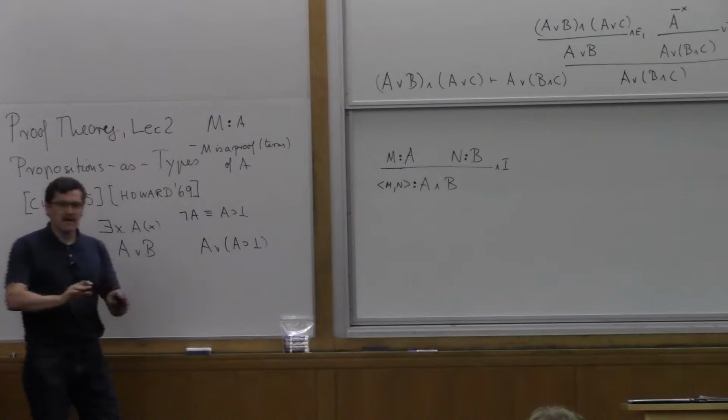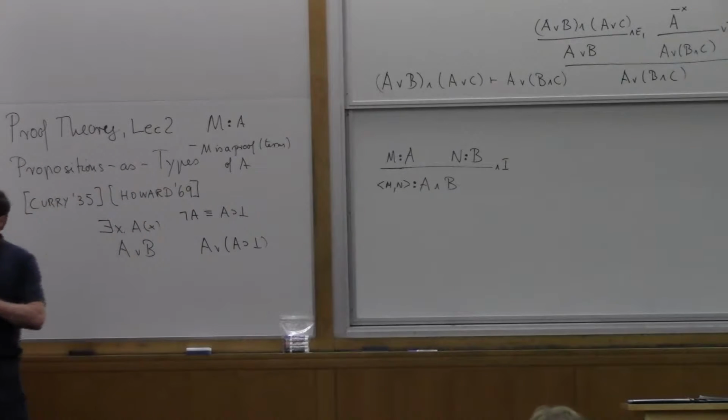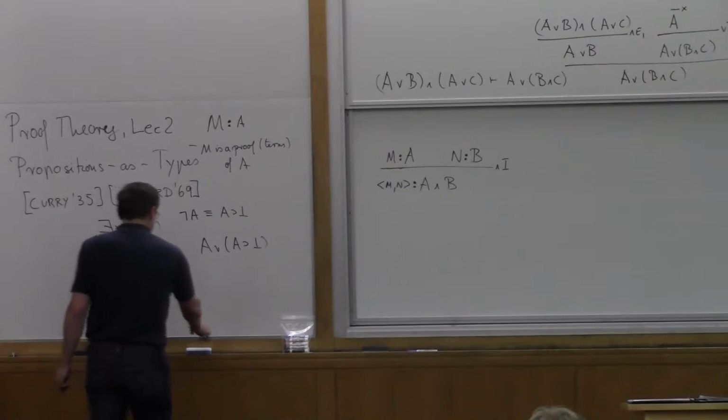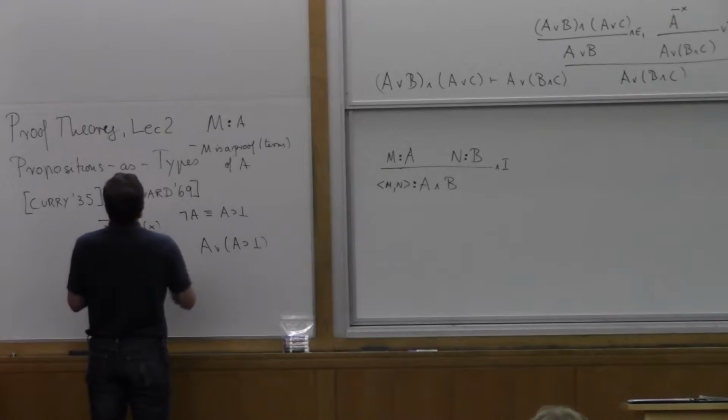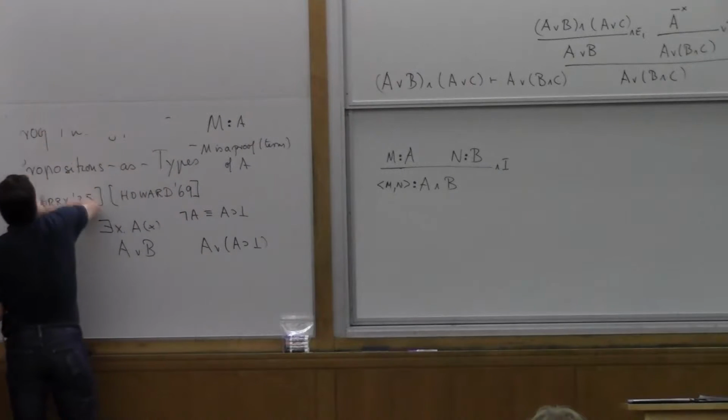I'm going to go back and forth between saying a term of type A or a proof of A, because I'm generally going back and forth between these two points of view, and I'll put them here, and we'll fill that in.